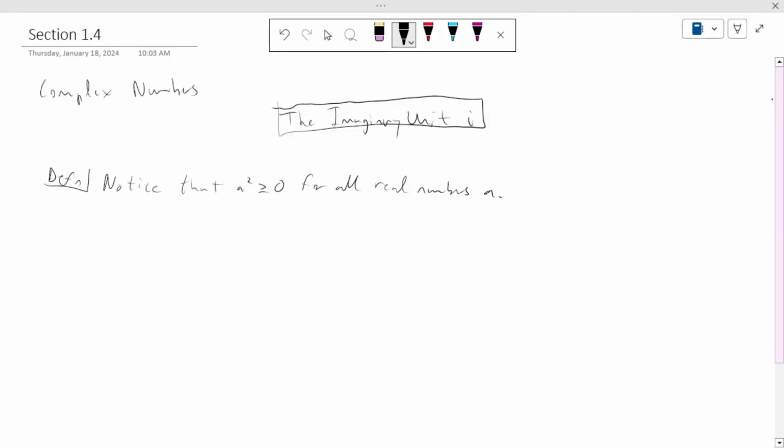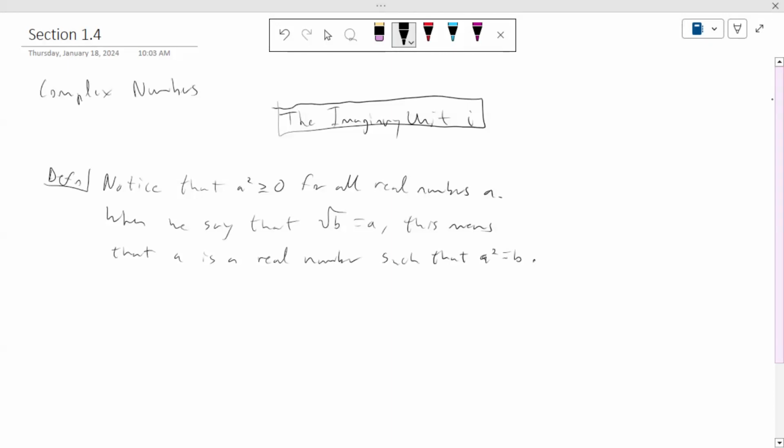Now, when we say that the square root of b is equal to a, like when we're solving the square root of 4, we say that it's equal to 2. This means that a is a real number such that a squared is equal to b.